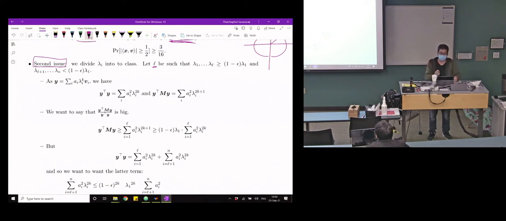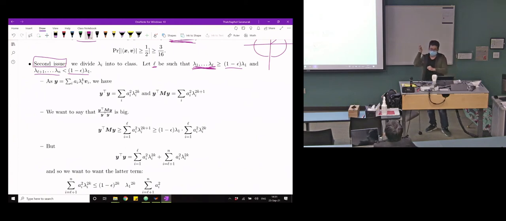L is such that all eigenvalues from lambda 1 to lambda L are big. This is a big group. And the rest are less than (1 minus epsilon) lambda 1. So as long as our vector y is in the span of the first L eigenvectors, that's going to be good for us actually.